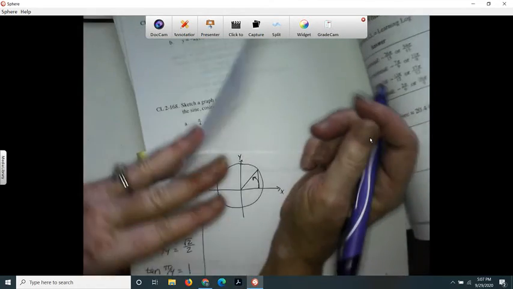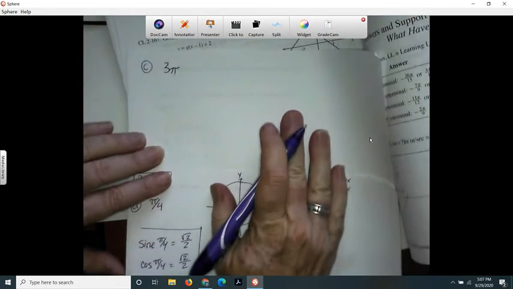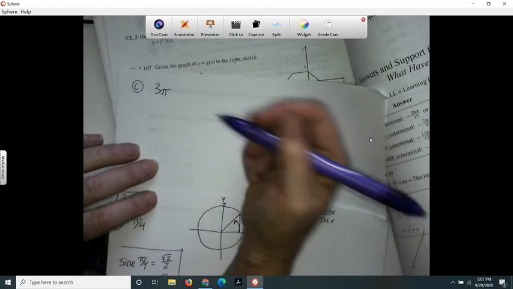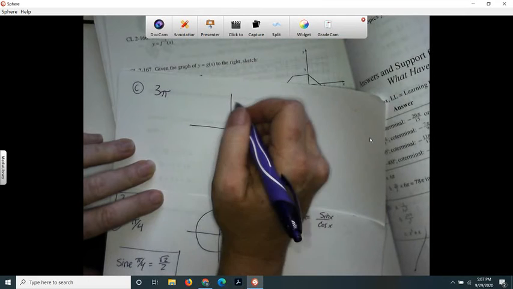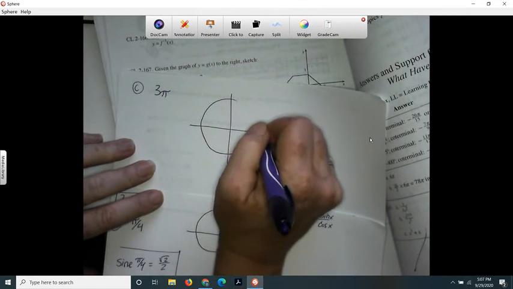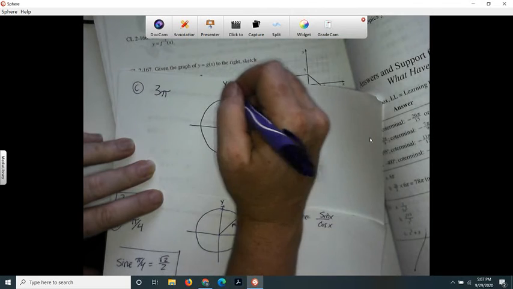Letter C says 3 pi. Alright, my stuff's not organized how I would like. So there's 3 pi. So let's go ahead and draw the unit circle. There's x, there's y.